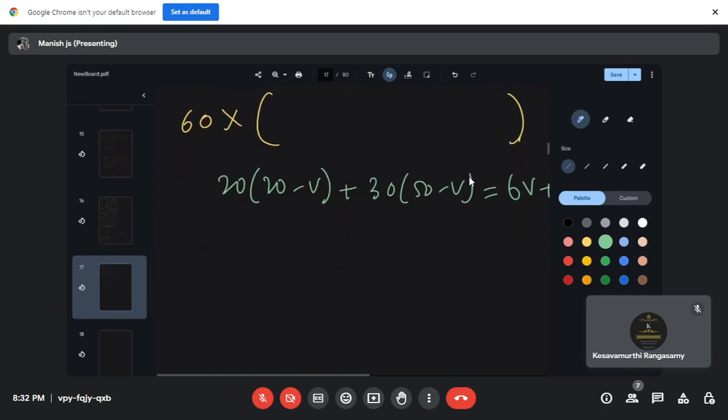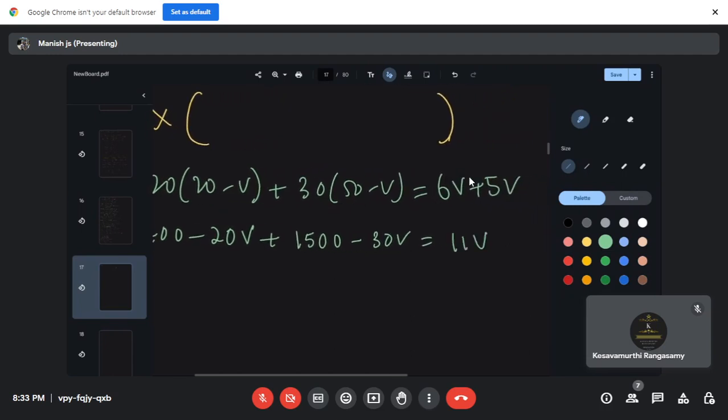Now again simplify. 20 into 20, what is 20 square? 400. So 400 minus 20V plus 30 into 50, 1500 minus 30V, is equal to 6V plus 5V, which is 11V.